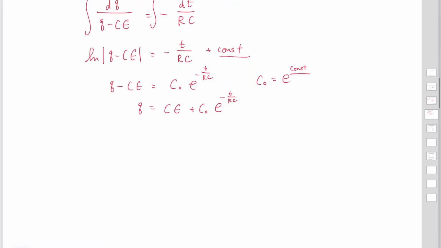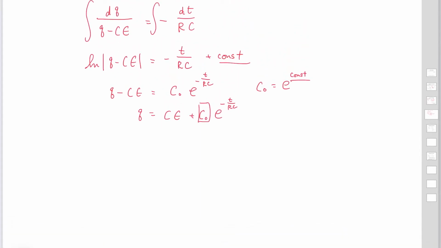So we need to determine this C sub 0. How can we determine it? C sub 0 is determined with the initial conditions. At the initial condition, at t equals 0, the amount of charge on the capacitor is 0. So we use this initial condition in this equation.